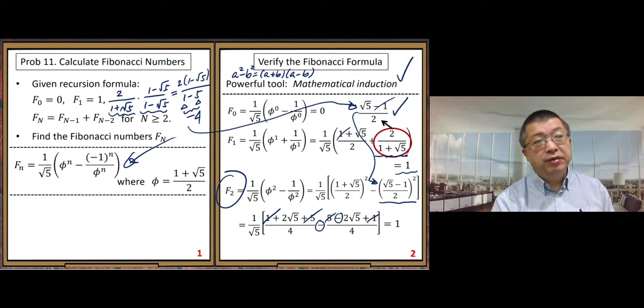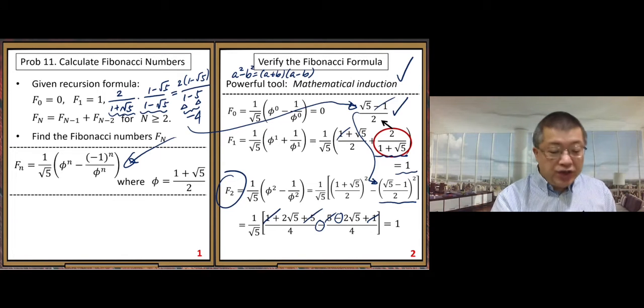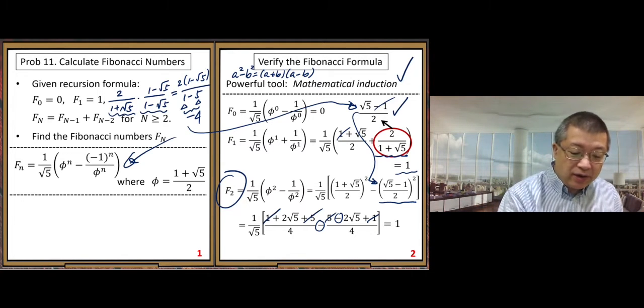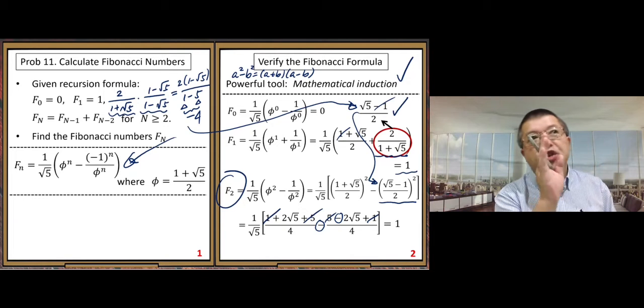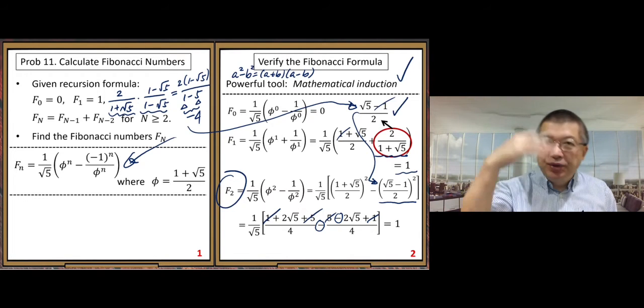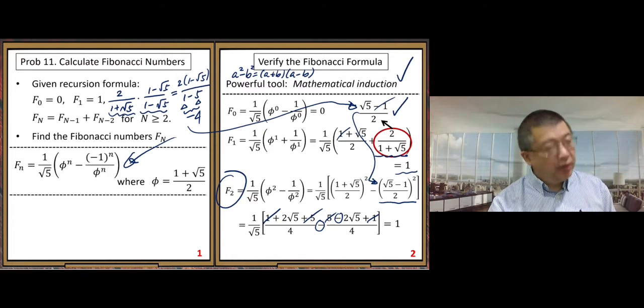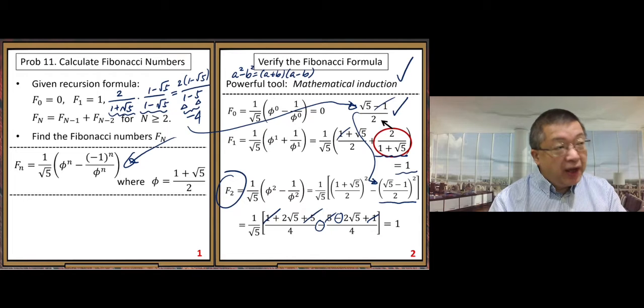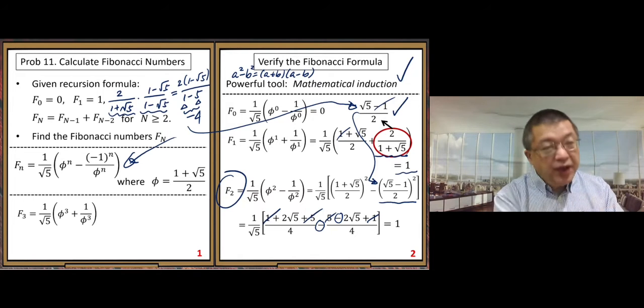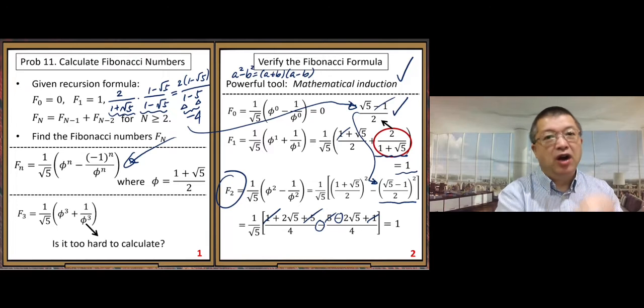We only need to verify F0 and F1. But the reason I calculate F2 is to show you how to do a little more verification. Now, we can look at F3 because this one is much harder.